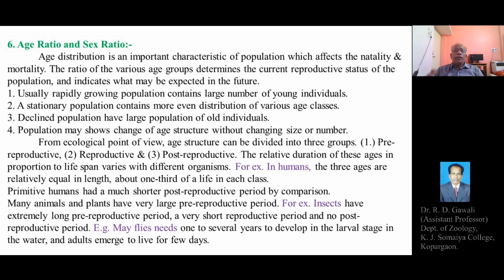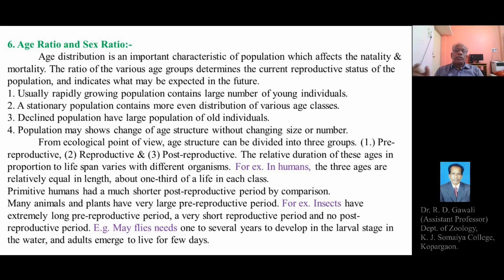For example, the mayfly needs one to several years to develop in larval stages. The time spent in the young stage in an insect like the mayfly requires one to several years for larval development in the water, passing through several larval instars and then transforming into the adult stage.